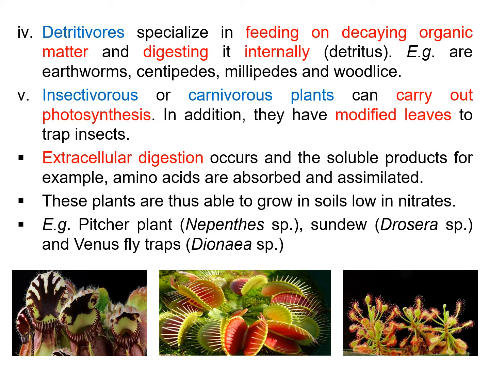That's why by having the evolution of trapping insects or other animal waste onto their leaf or surface, they can produce organic molecules using those kinds of external resources.